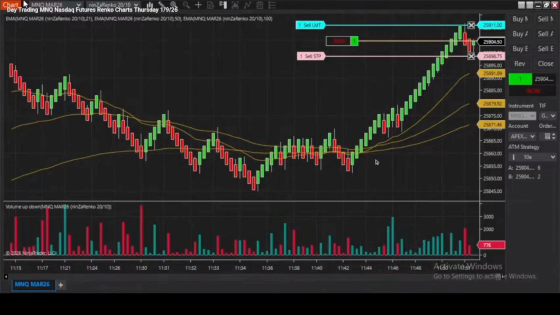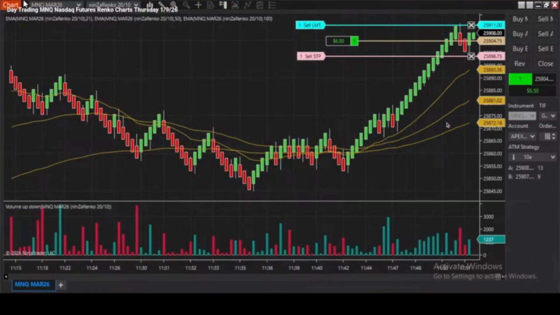So we went long again on 1 micro. Another continuation after the 2 candles. We got in early. Looks like we're going for just 5 points this time.